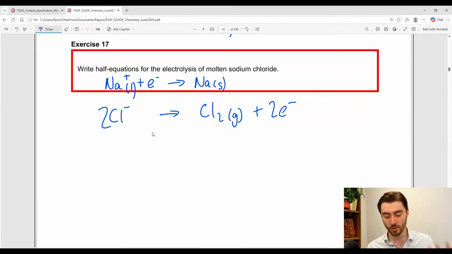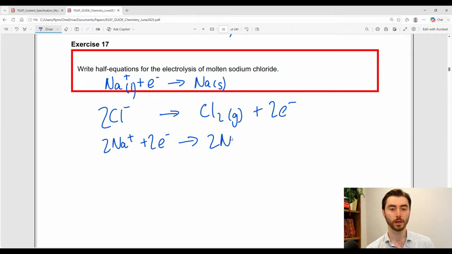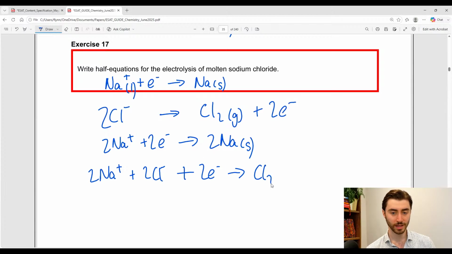By the way, while we're here, if you wanted to get the overall equation, follow the electrons. In order to balance the electrons, we need to double this thing at the top, and then you can simply add these together. So 2Na+ plus 2Cl- plus 2 electrons goes to Cl2 plus 2Na plus the 2 electrons, which cancel.